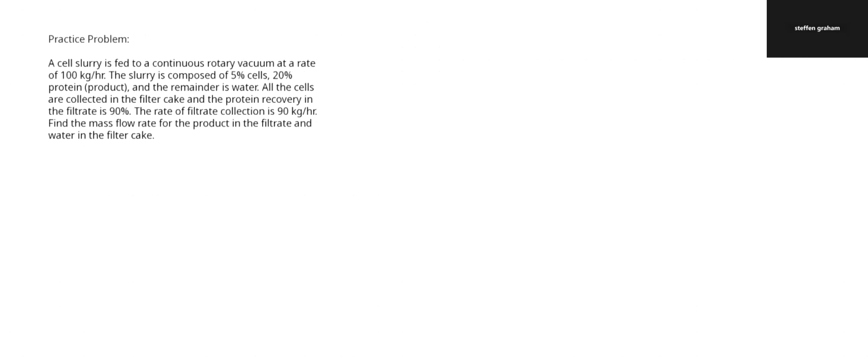So anyway, first things first, we'll draw our diagram. This box is our rotary vacuum filter. We have our inlet stream, and we have one outlet stream, this is our filtrate, and then we have our filter cake.